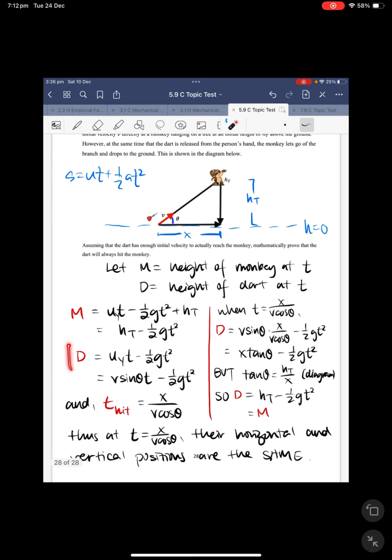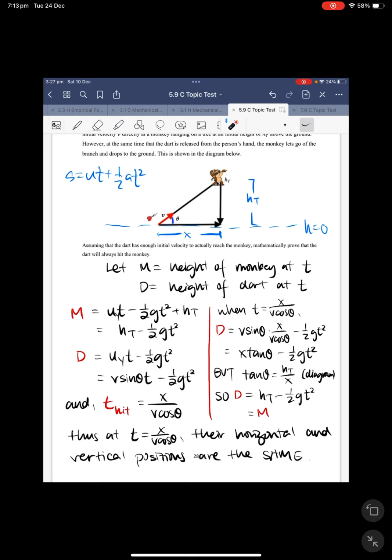Similarly, the height of the dart at time t is going to be uyt minus half gt squared, but we know that the initial vertical velocity is simply v sin theta, so d equals v sin theta t minus half gt squared. And so those are the two expressions we want to keep in mind.